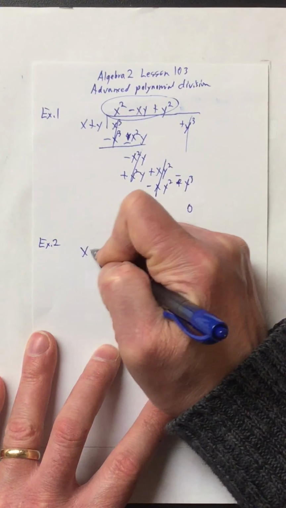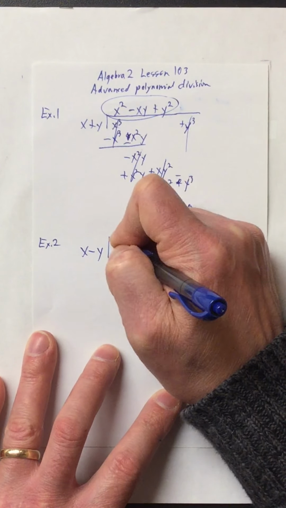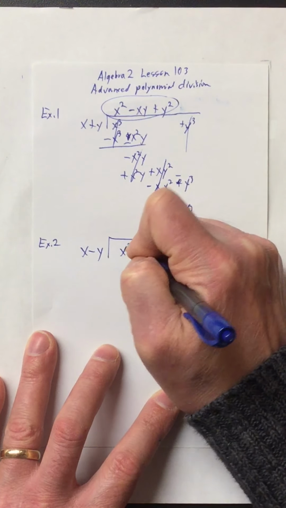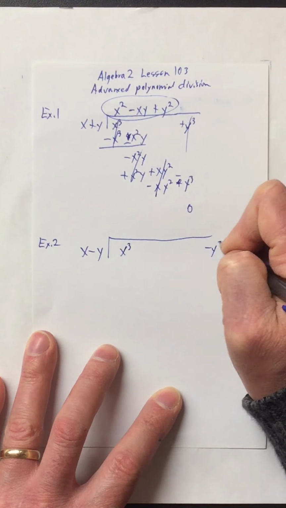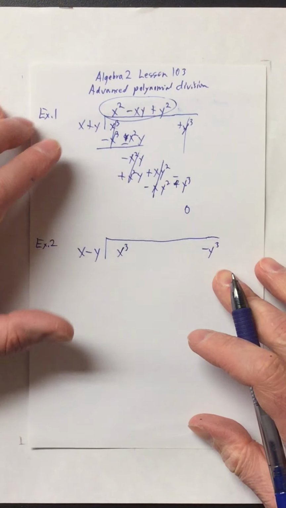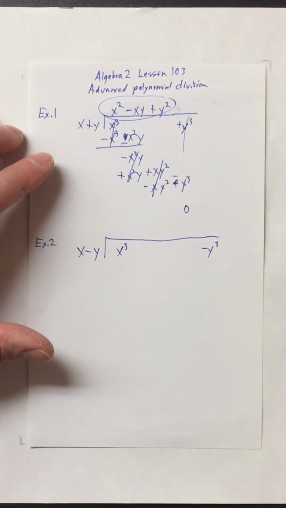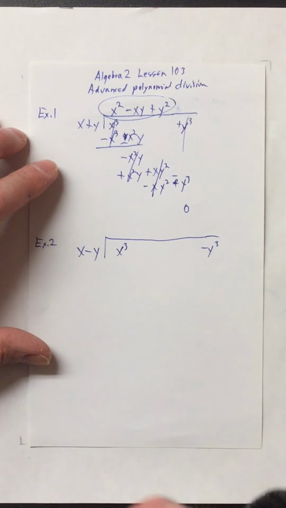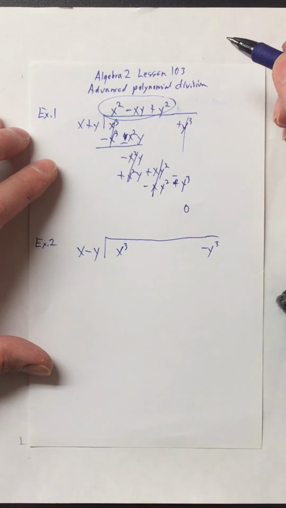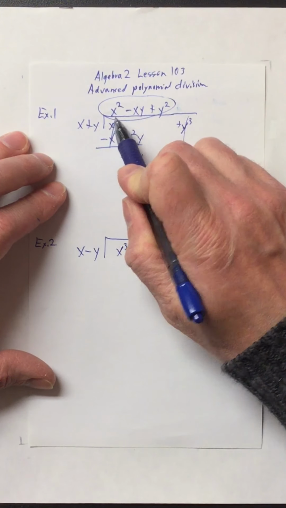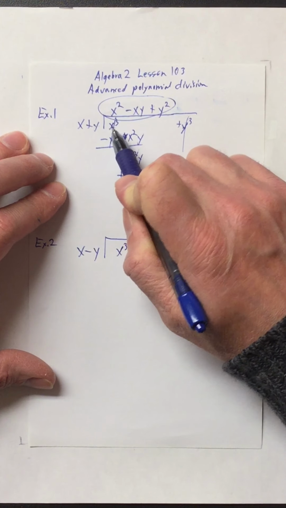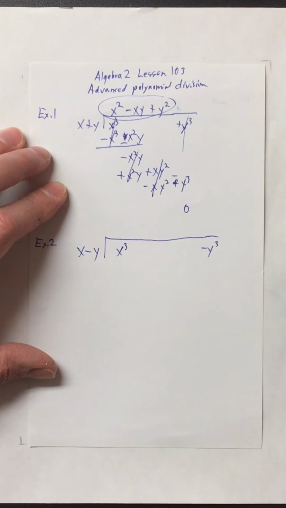All right, so we have x minus y over top of x to the third, and then we'll stick y to the negative third over there. If we look at this pattern here, it looks like we could simplify this. Our first term is simply x to the third with an x divided out.